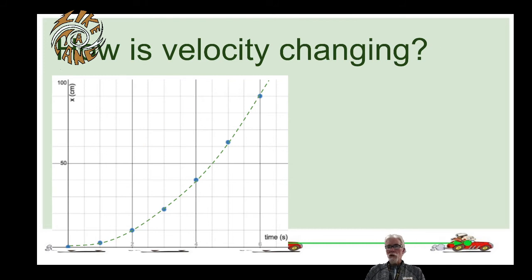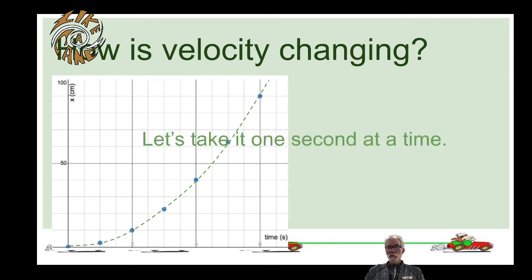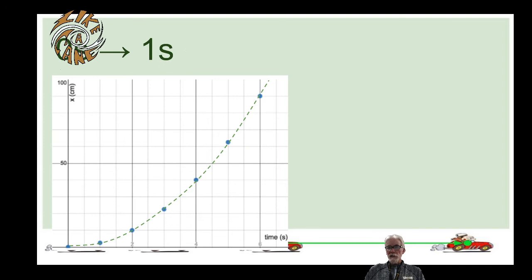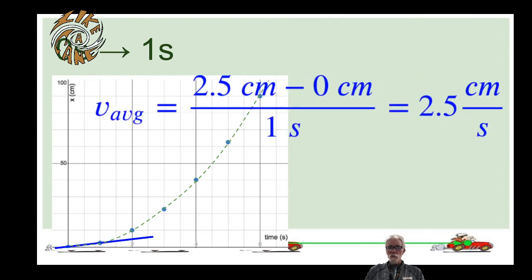So now let's use this to gather some information about the instantaneous velocity at a few different points. We'll take 1 second at a time. The average velocity in the interval from 0 to 1 seconds is 2.5 centimeters per second. The position changes by 2.5 centimeters in that first second, so the average velocity is 2.5 centimeters per second.